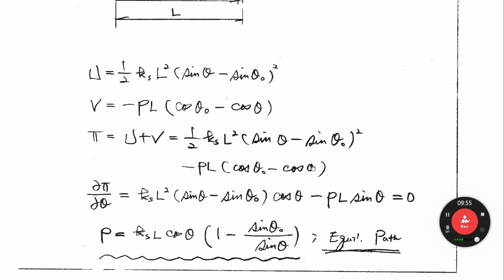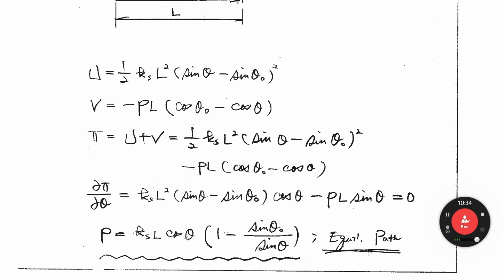Cosine theta, and derivative of cosine theta is minus sine theta, so minus minus plus, PL sine theta, like that, should be equal to 0 for equilibrium. From this equation we can get this P, like that.